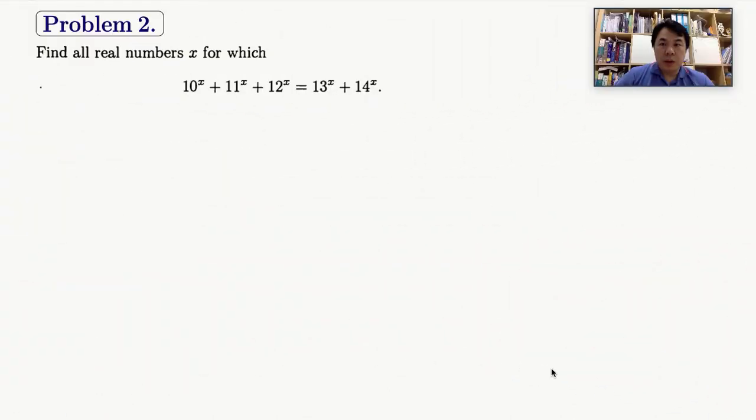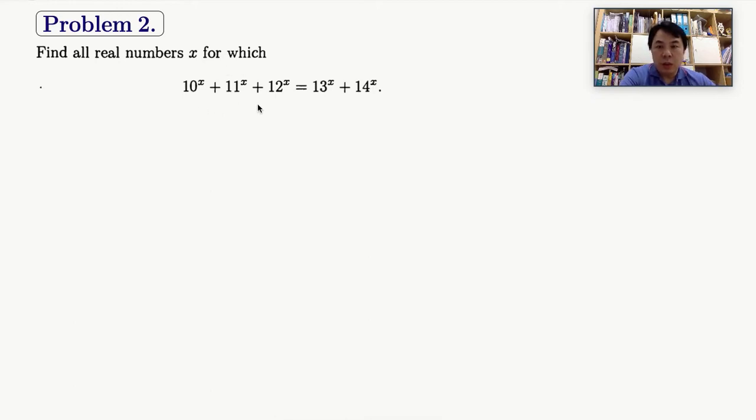The next problem that we are having is partially an algebraic problem, partially exponential, and indirectly it could be a logarithmic problem also. So you can see that our objective is to find all the real numbers x which satisfy these equations here. Now, first of all, we can represent this using an arithmetic series.